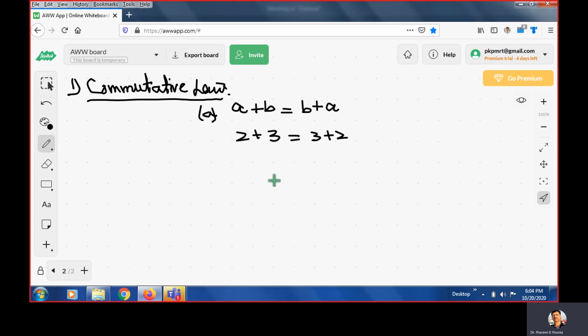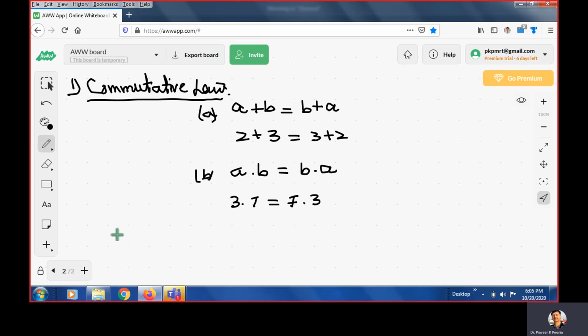Clear? This is called commutative law. And this is for multiplication also. A times B is equal to B times A. That means if you are calculating 3 times 7, the answer of 7 times 3 will be the same. There is no change here.